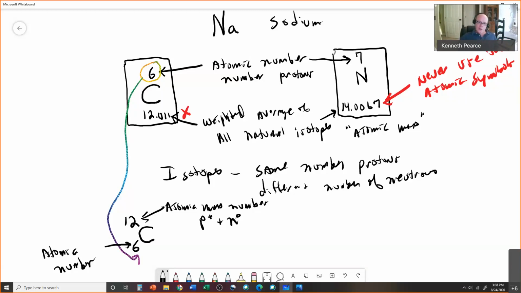So you can have different isotopes, but they're still all the same element. And so another common isotope would be carbon 13. And once again, it has 6 protons. And we have carbon 14, which has 6 protons as well.